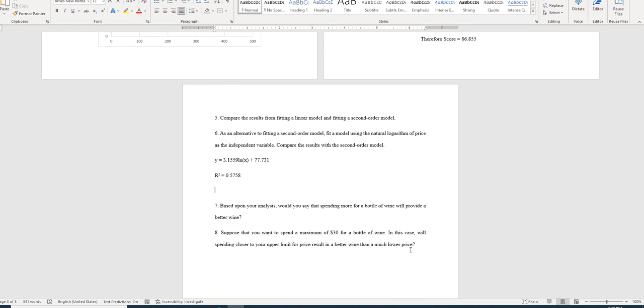Then we have: suppose that you have to spend a maximum of $30 for a bottle of wine. In this case, will spending closer to your upper limit of price result in a better wine?